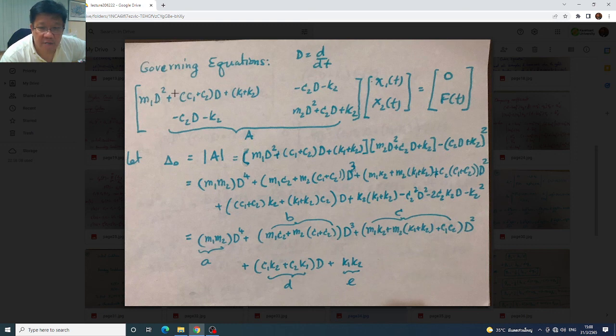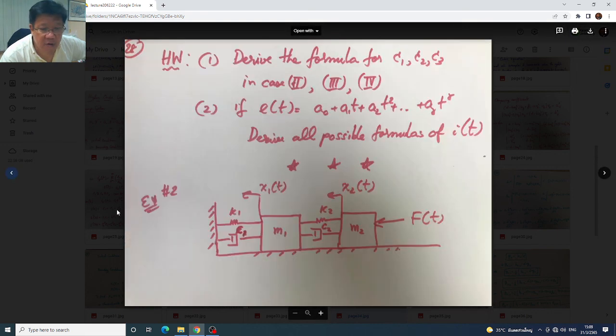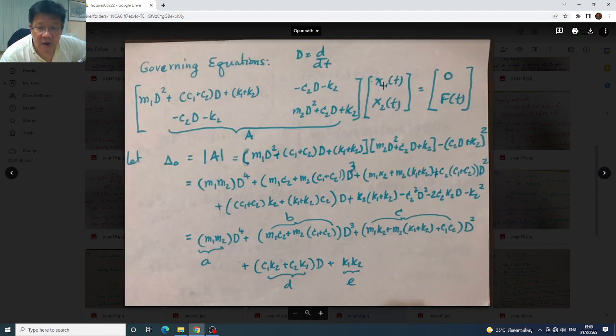D squared, when applied to x sub 1, becomes the acceleration of mass number 1, and c1 plus c2 times D, when applied to this, becomes dx sub 1 of t by dt, the combined response of both of these damper elements connected with m1. These are all for x sub 1.